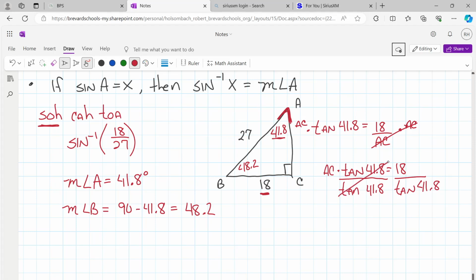On the left side, our tan 41.8's cancel, and our AC is equal to 18 divided by 41.8 regular tan, and hit equals, and 20.1 is the length of side AC.